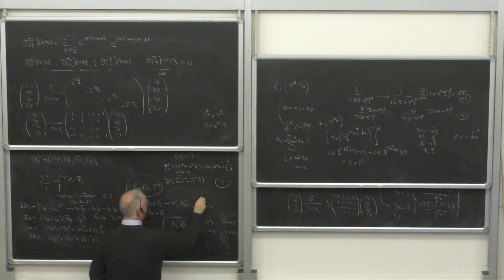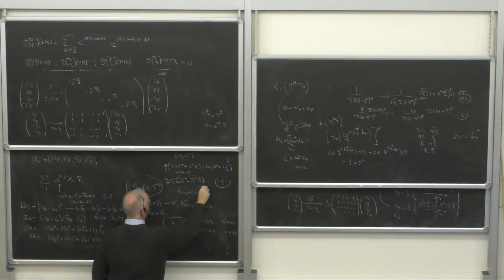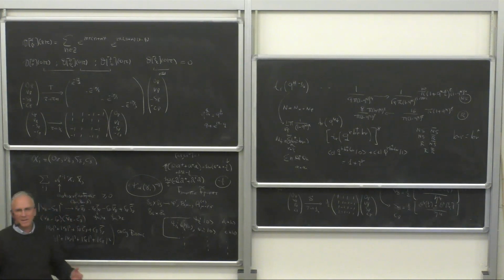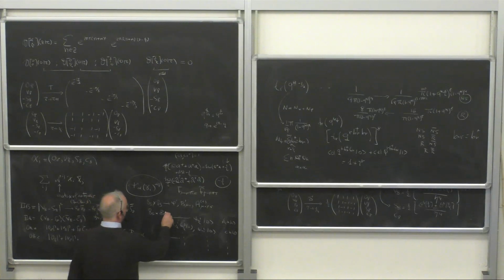So a 4 form such that the field strength F mu nu rho sigma, sorry, mu rho sigma tau, satisfies the condition that it's self-dual. It's one of these chiral bosons that I told you exist in 6 and 10 dimensions. In this case, this guy gives you a vector and a 3 form.